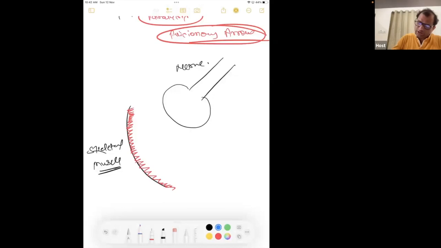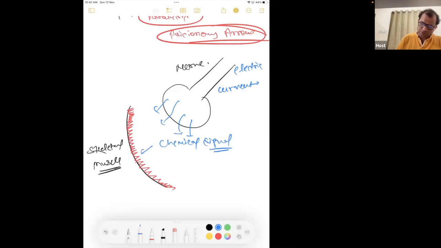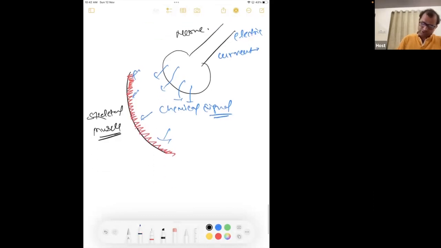Now the electric current is coming, and it is also sending the information in the chemical signal, but it cannot work on the muscles because it is blocked by the poison. So they get paralysis of the muscle, right?